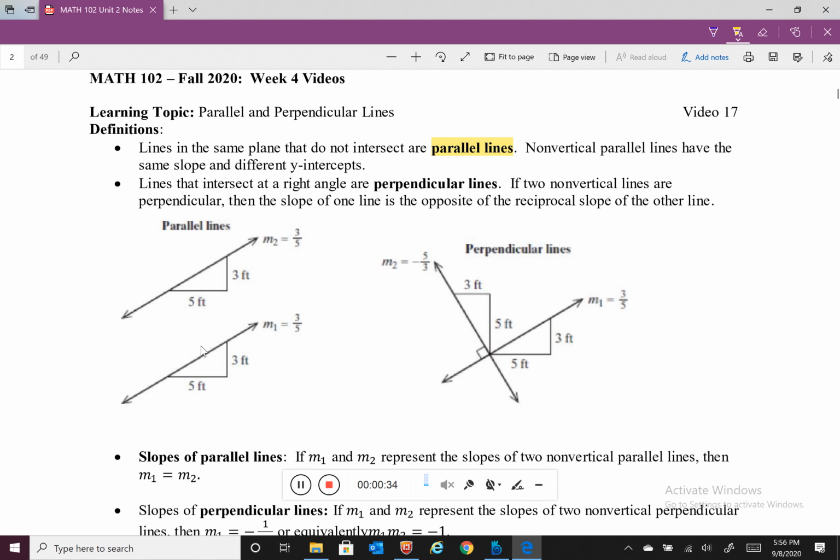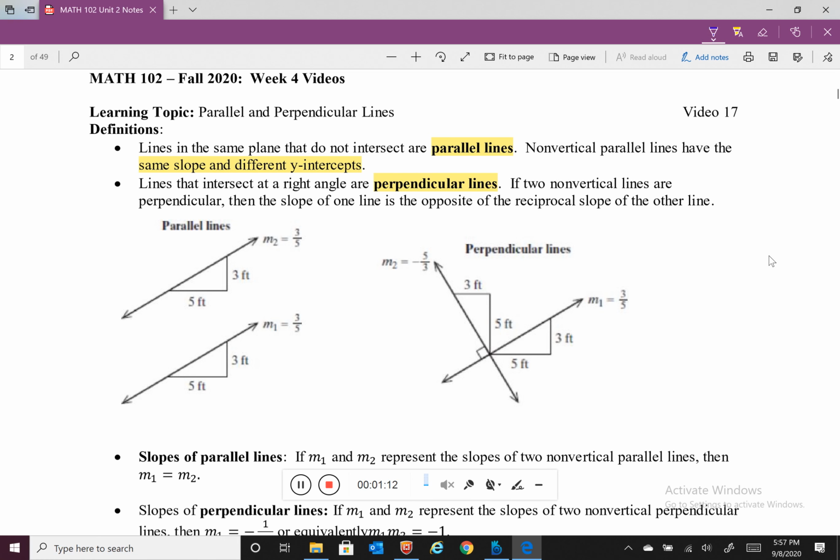And then another point about parallel lines, while they have the same slope, they will have different y-intercepts. And then for lines that are perpendicular, perpendicular lines intersect at a right angle or a 90-degree angle. And then the two non-vertical lines are going to be perpendicular if the slope of one line is the negative reciprocal, or opposite of the reciprocal, slope of the other.